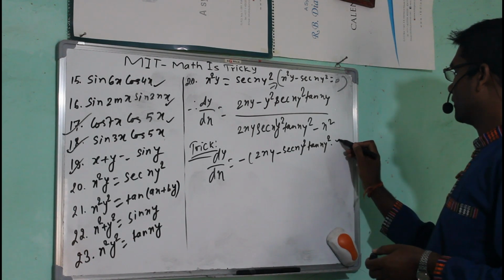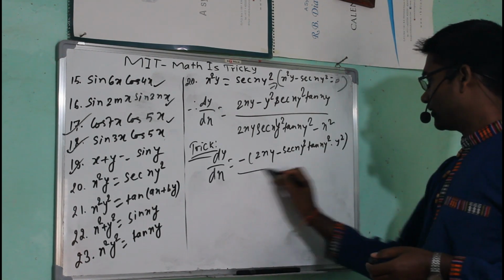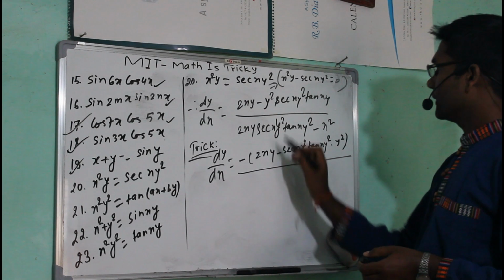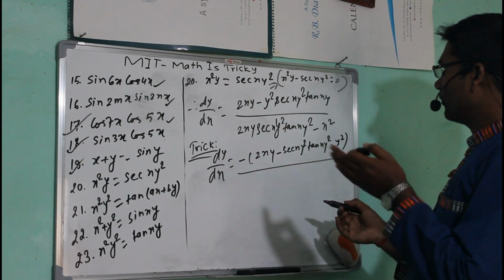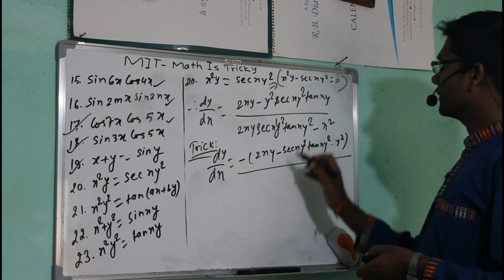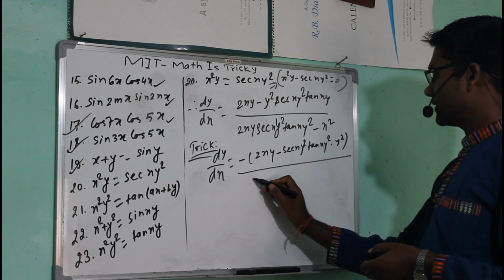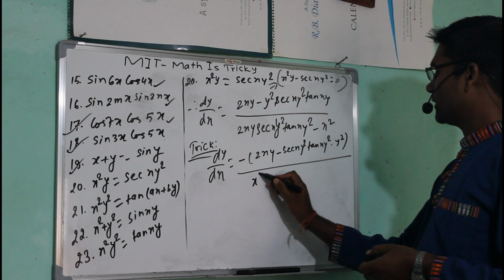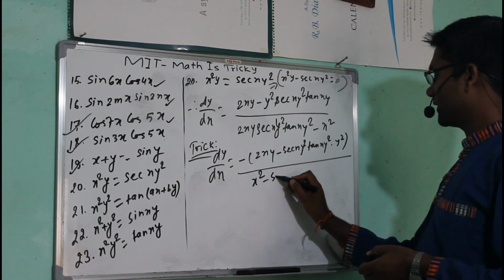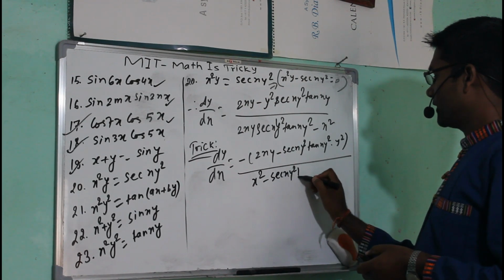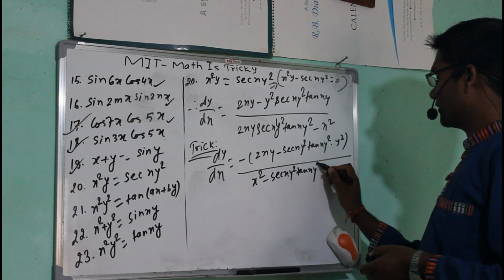Now differentiate with respect to y, that means consider y as the only variable, others will be constant. So this is x square, the derivative of the second part, minus again sec xy square tan xy square.